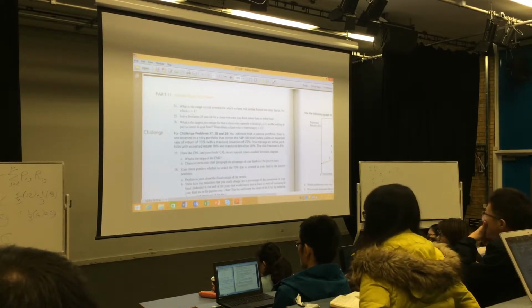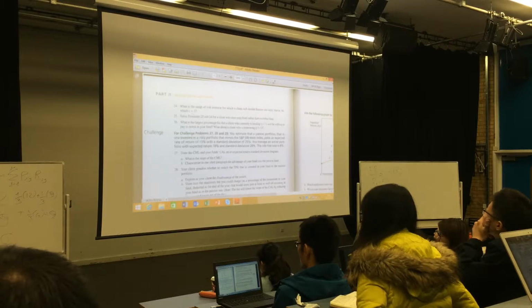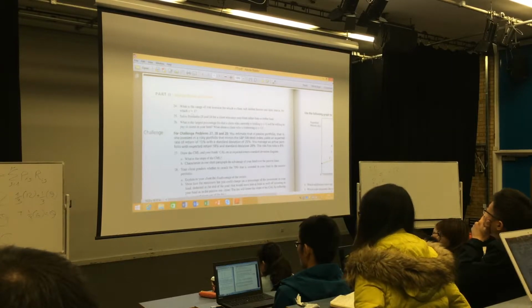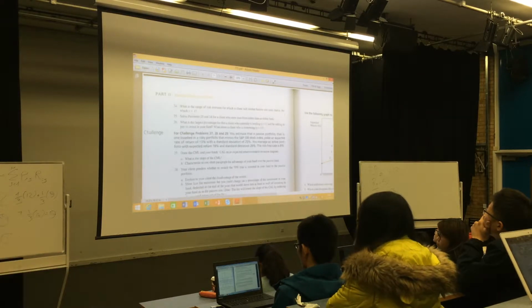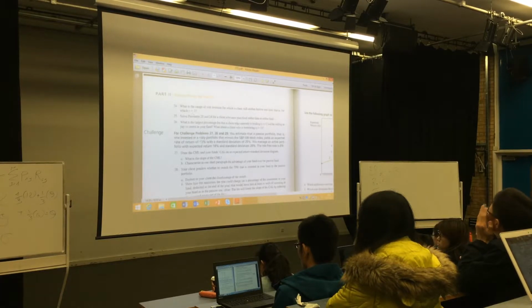So what is going to be your risk aversion if epsilon is equal to 1? Risk aversion is your A. Okay? I give you 2 minutes to solve this exercise. Very simple.